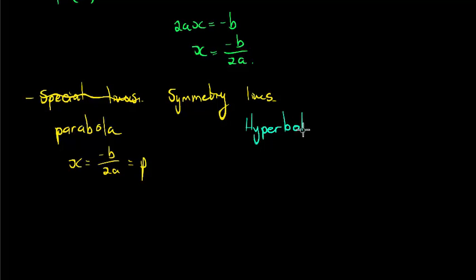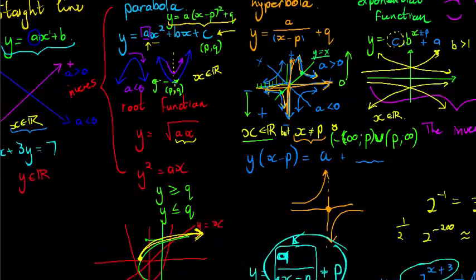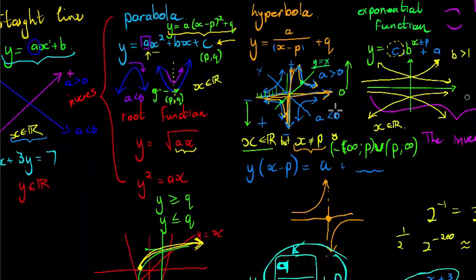Hyperbola. The symmetry line for a hyperbola has the form y is equal to x plus or minus another value here. Let's call it just h for now. Okay, so it's a straight line that forms this symmetry. So that graph is done for. Let's try a new one.